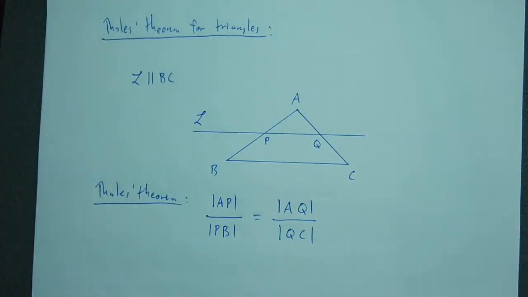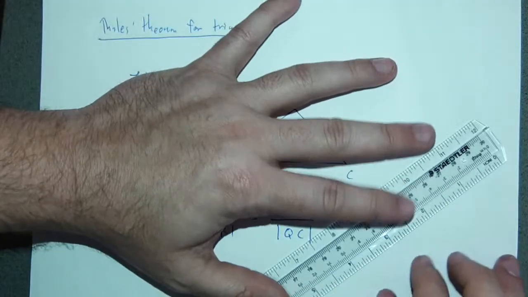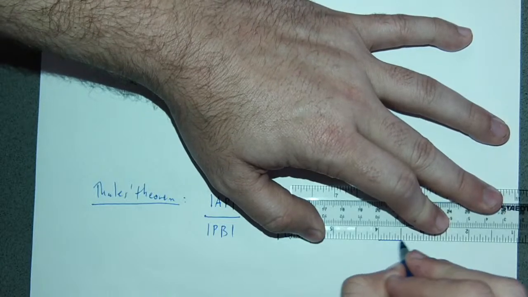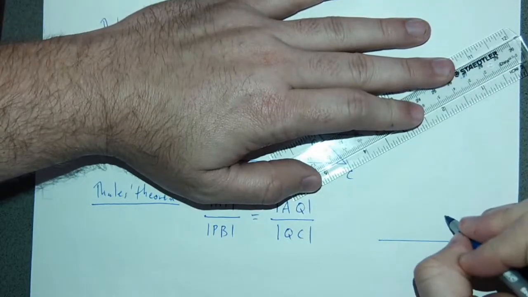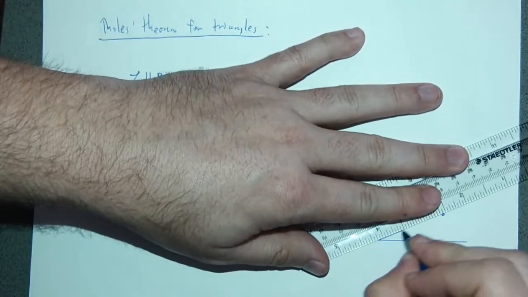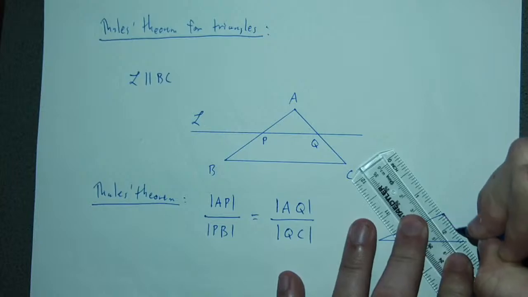Now, in this triangle, because these quantities kind of look similar the way that I've drawn it anyway, you might not be that surprised in this picture, but actually this would be true even if the triangle was a lot less nice looking. So here's another example of the Thales theorem working.